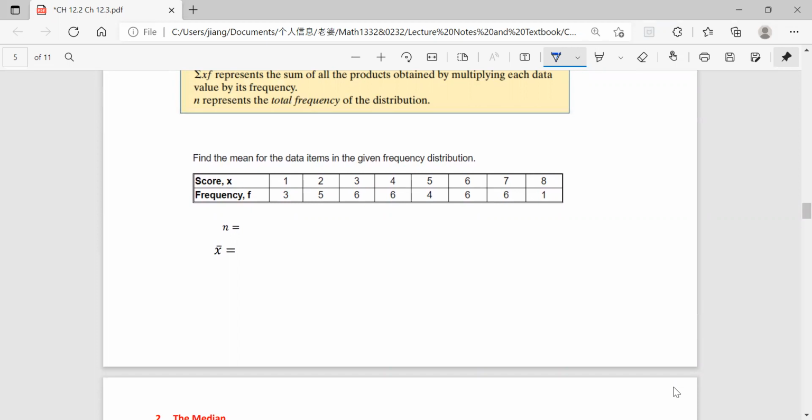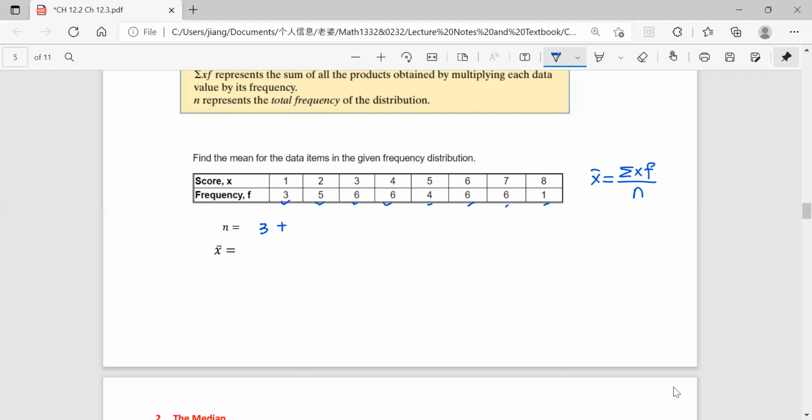First step, find the n. We know x bar equals the summation of x times f, where f represents the frequency, over n. For n, we need to add the frequencies together.